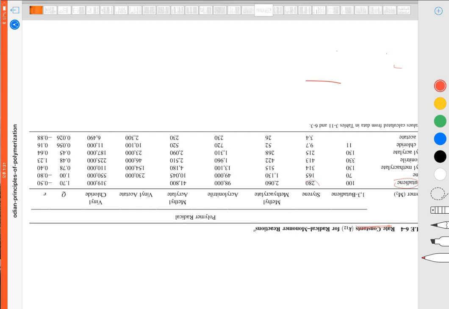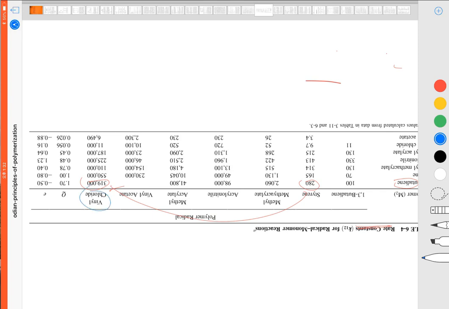For example, if you fix the monomer like butadiene, the relative rate constant between styrene and vinyl chloride is a huge difference, right? 280 to 319,000, so almost over 1,000 difference, right?